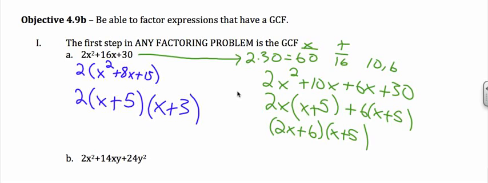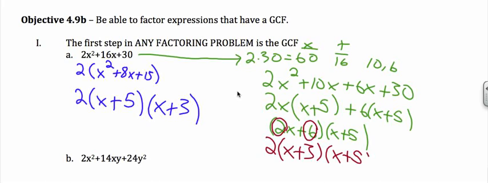The issue is that we still have a GCF. It's right here. Since both of these numbers divide by 2, we can factor out a GCF of 2 just from that binomial. We don't have to worry about the other binomial because that's separate. So we can still factor out that GCF of 2 from here and rewrite that expression as 2 times x plus 3, and then leave that in x plus 5.